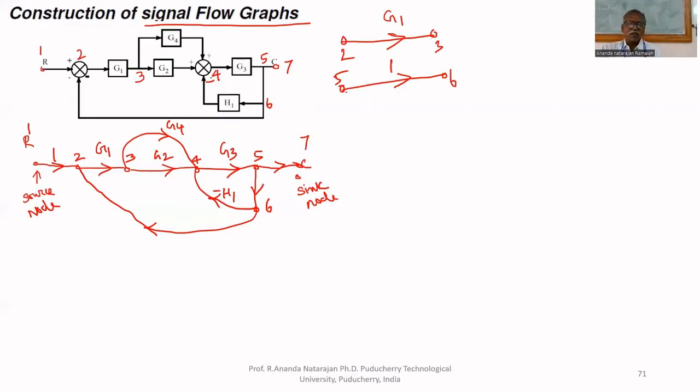Negative feedback, that's why minus. Here, no transfer function is there, but minus. Therefore, minus 1. 5 to 7, no transfer function, therefore 1. All marked: G1, G2, G3, H1, and G4. Everything is marked, minus 1 for 6 to 2. This representation is called signal flow graph representation. Each link has a gain.